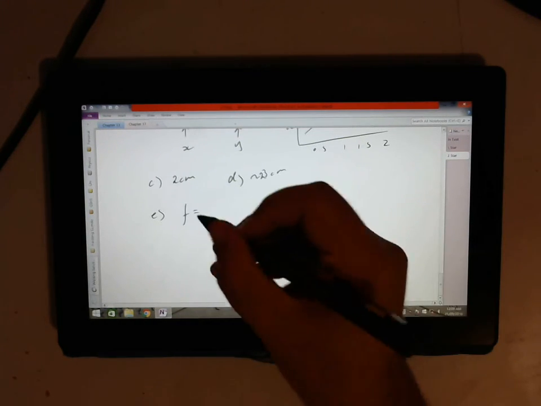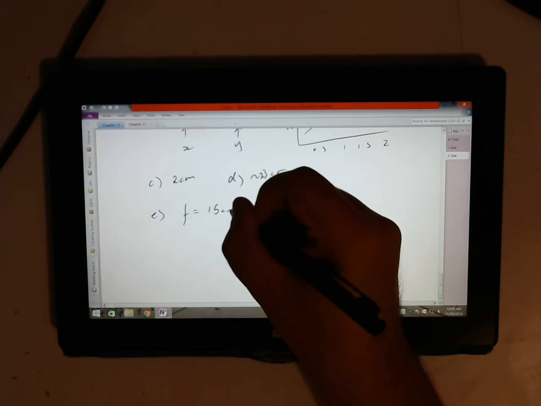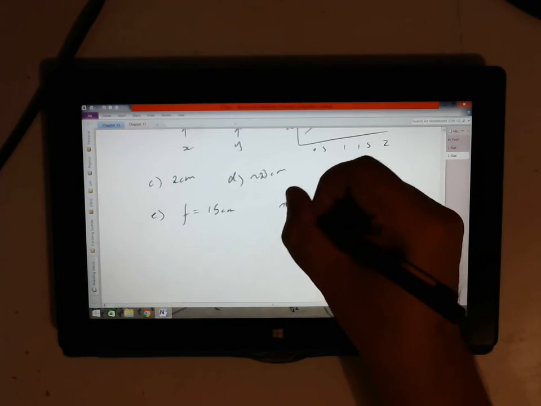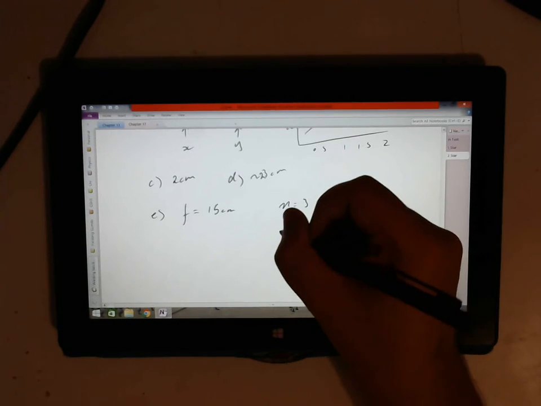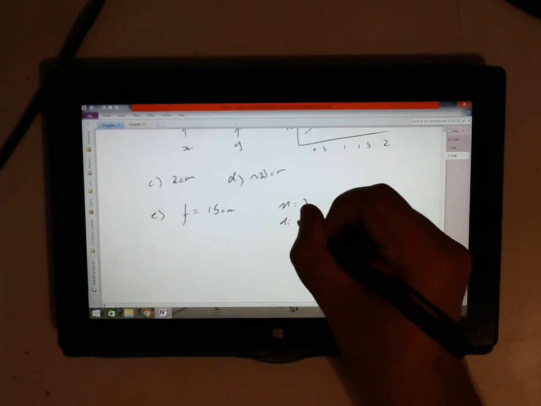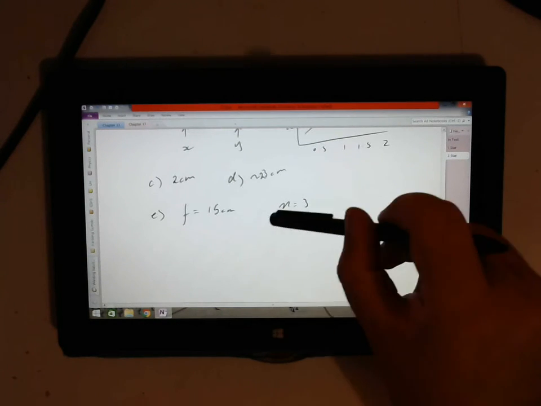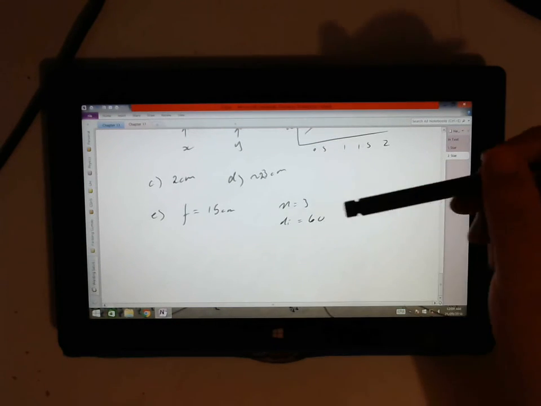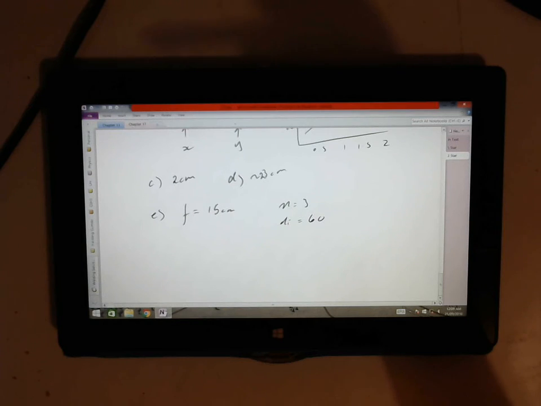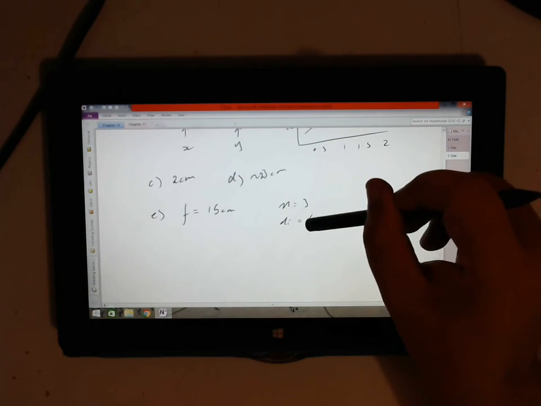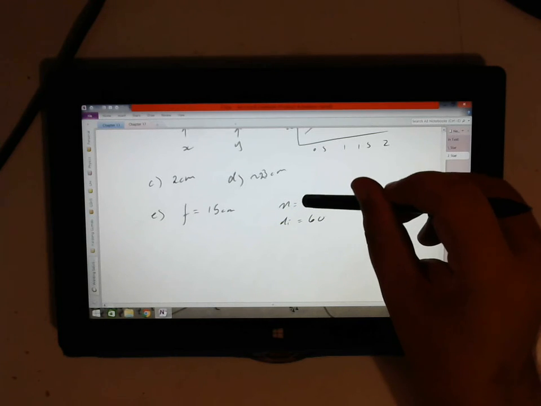Now we can work it backwards as well. It is equal to 15 centimeters, but let's work it backwards. So we know that m equals 3, and di equals 60. But it's concave. That looks like it's fairly far. Let's imagine we didn't know this. Perhaps f is really big. We don't know this, but this number is pretty big for most of the mirrors we've seen, so maybe it's actually going to be negative m.